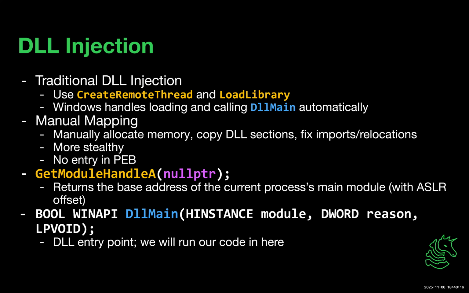So DLL injection, traditionally, we'll use the functions LoadLibrary and CreateRemoteThread. From a high level, if you want to look later, you can look into the template repository that I posted on PwnyCTF. Essentially, we're forcing a program to, after we write the DLL that we want to inject into the process's memory, call LoadLibrary on it.